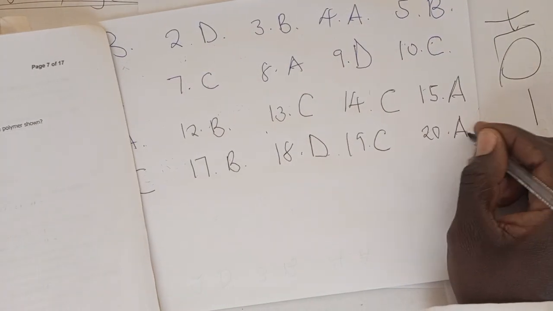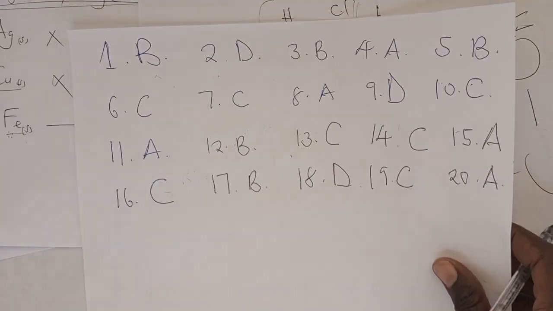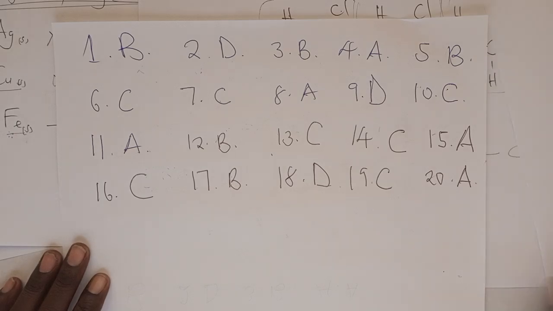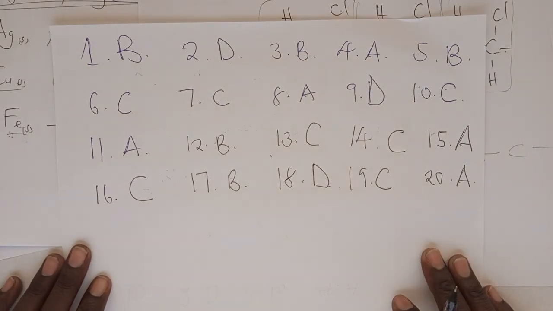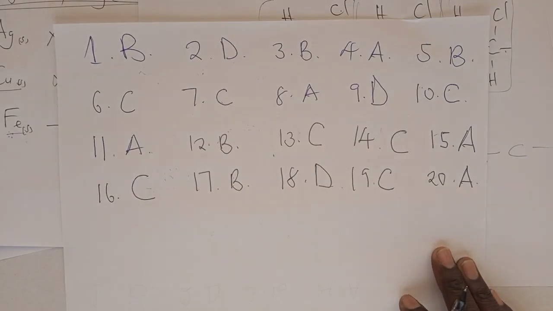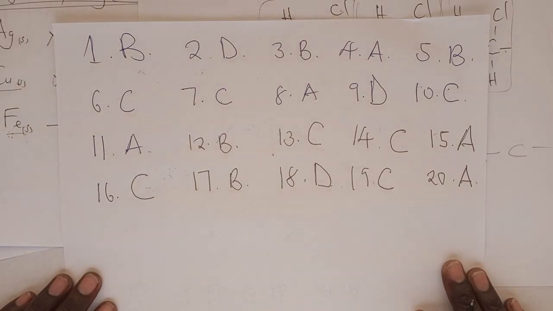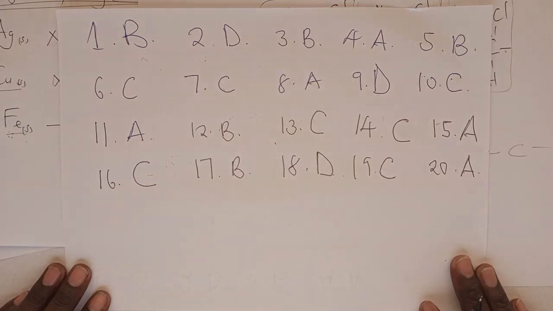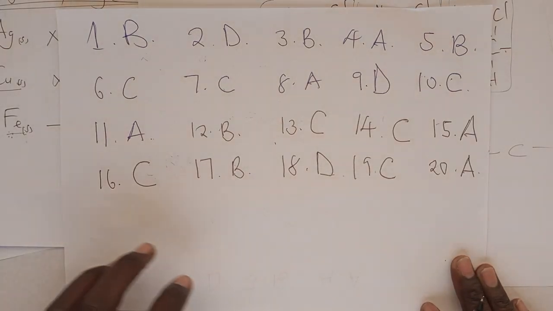Question 20, the answer is A. Okay guys, we've just finished going through the past paper of the 2024 GCE Science Paper 2. I hope I'll also be able, in fact, let me just promise you that I'll be able to also finish the 2023 GCE past paper, which I only did first 10 questions.